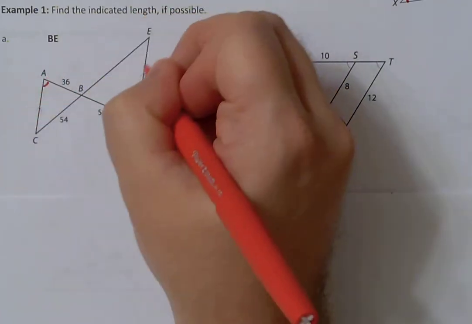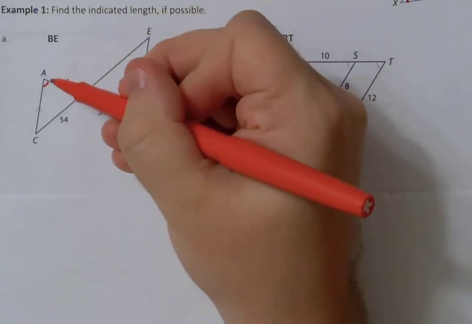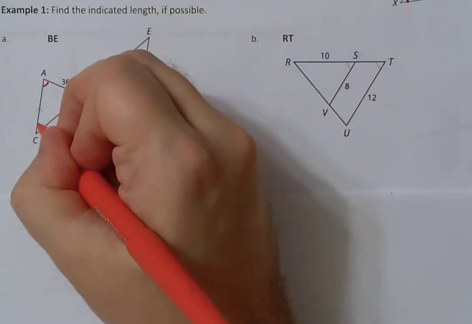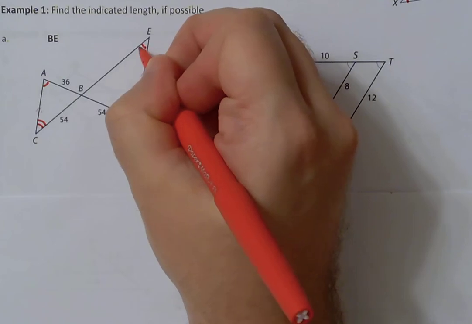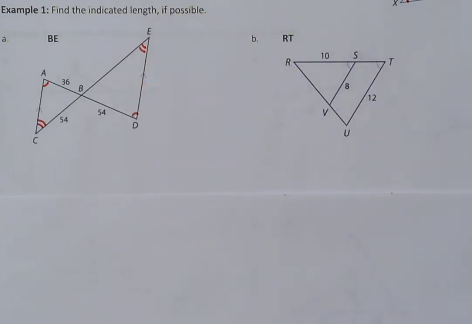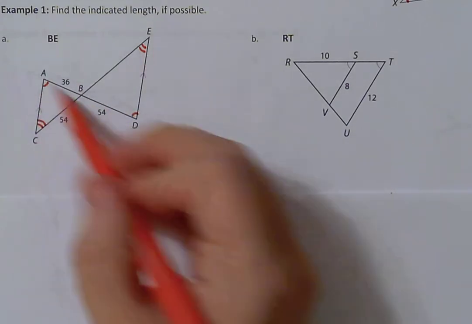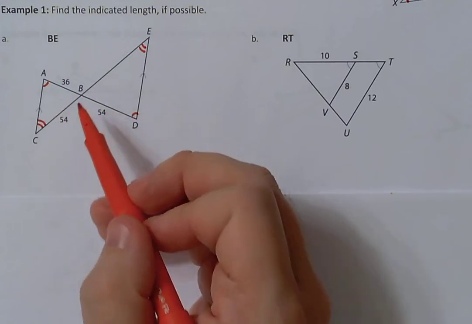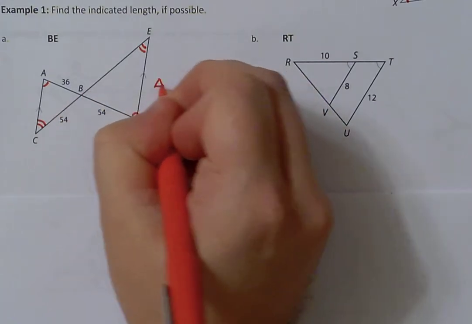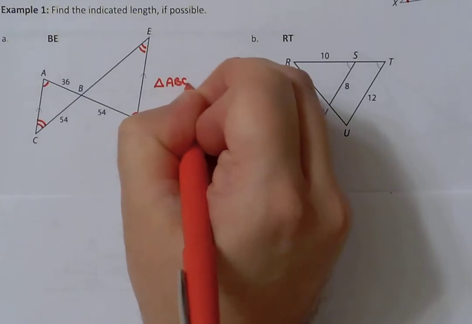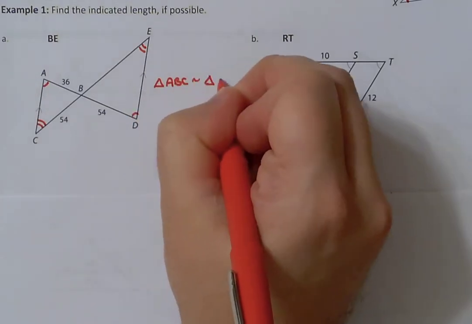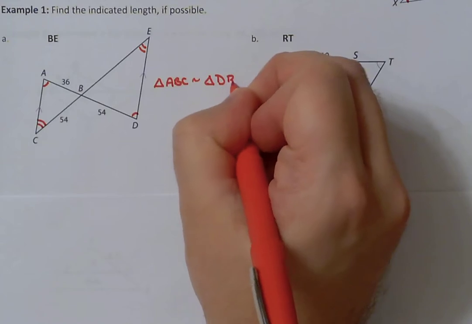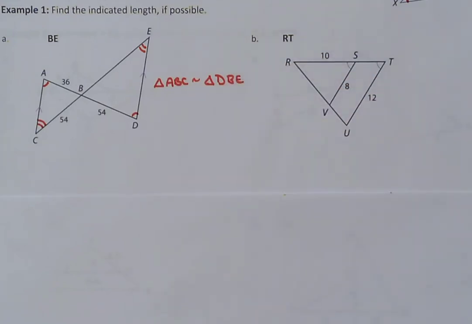I know by alternate interior angles that A is congruent to D and that C is congruent to E. Because I have two parallel lines cut by a transversal, I can say that these two triangles are similar to each other. So I do know that triangle ABC is similar to triangle DBE based off of angle-angle similarity.